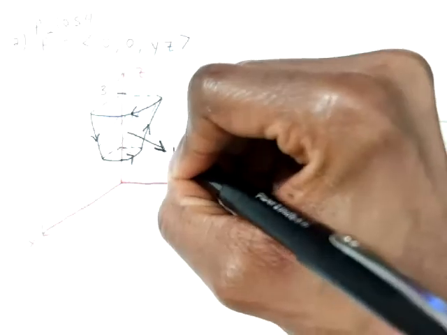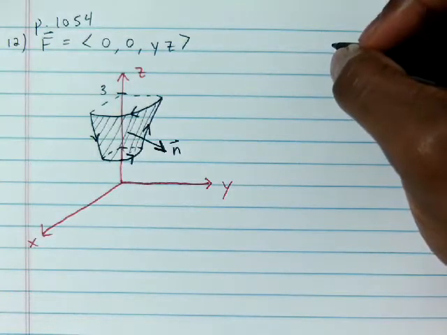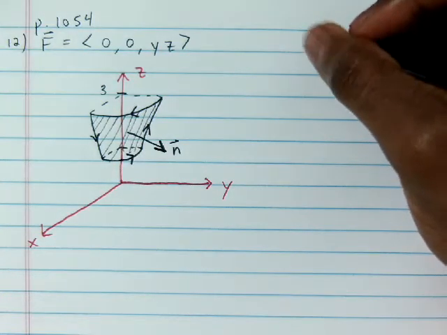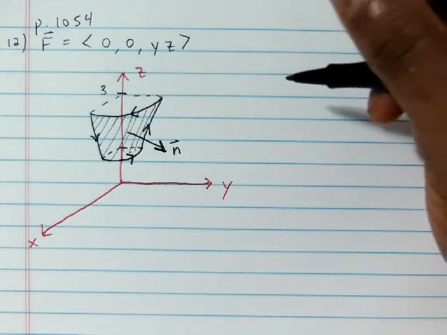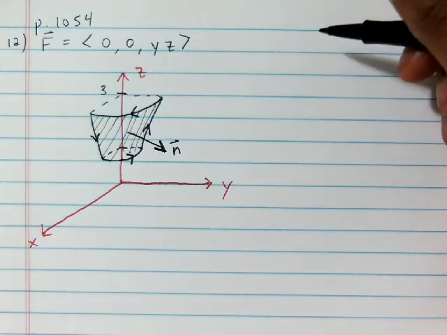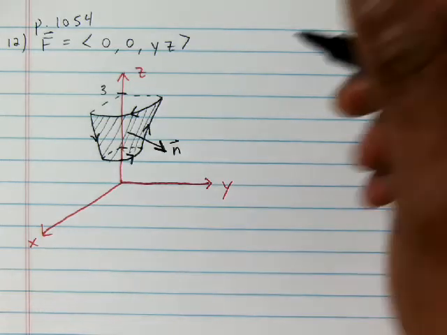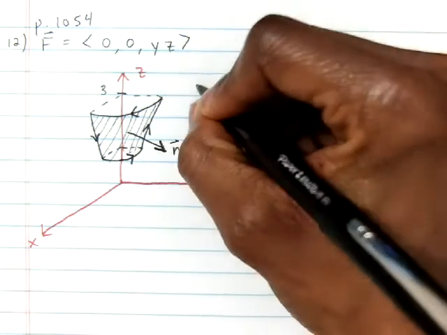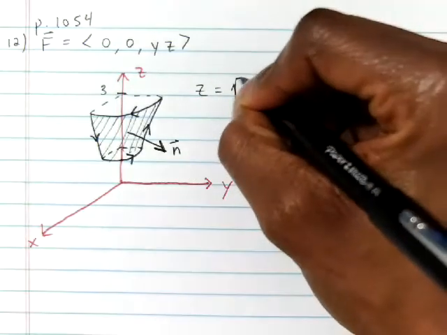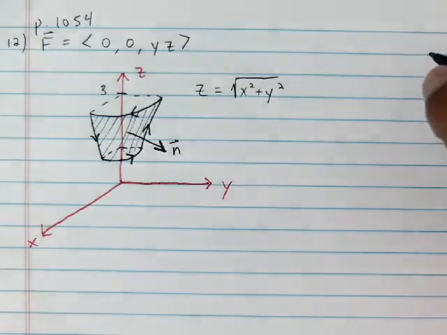So this would be our normal vector, because we're going to need to know whether our normal vector points up or down when we set everything up. And then we'll decide that we need a plus or minus sign in front of our integral based upon the parameterization that we use. Now, I probably should have written this a long time ago, but z equals the square root of x squared plus y squared is our surface.